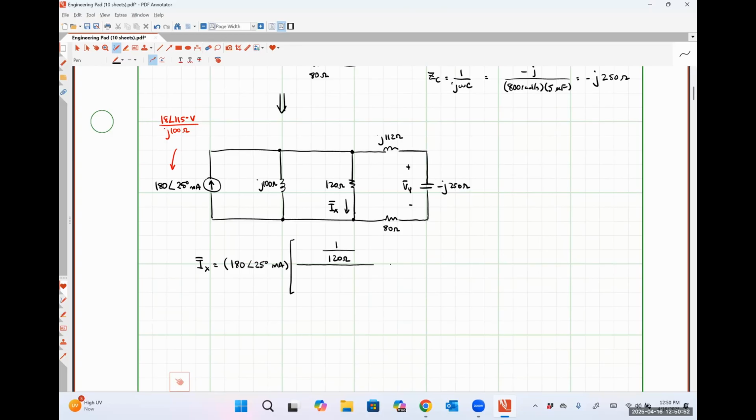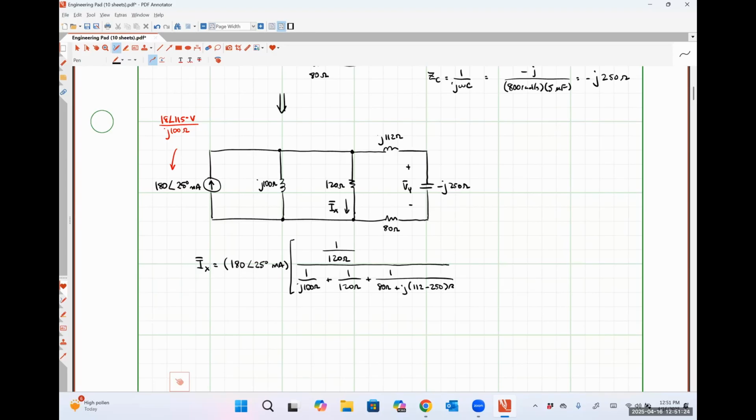And then in the denominator, I'm going to put the reciprocal of all of the three branches that are in parallel. So that'll be 1 over j100 ohms plus 1 over 120 ohms plus 1 over, and I'm just going to do this as 80 ohms plus j112 minus 250 ohms there.